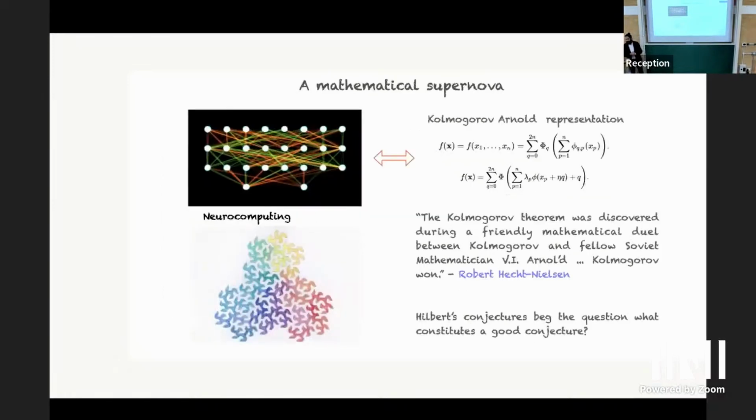So what is this representation theorem? The representation theorem goes by the name Kolmogorov-Arnold representation. And it was a mathematical supernova for various reasons. So if you look at the form of the representation theorem, let me describe it quickly.